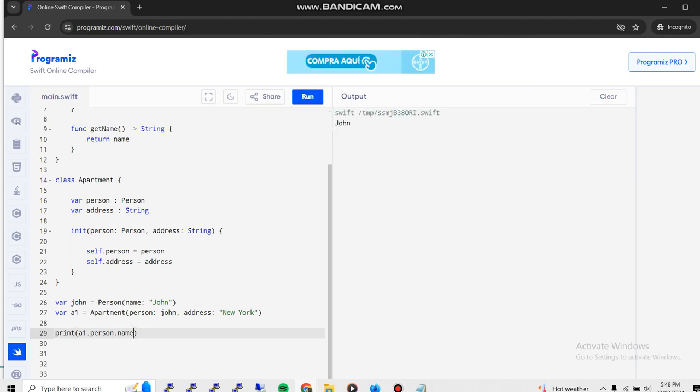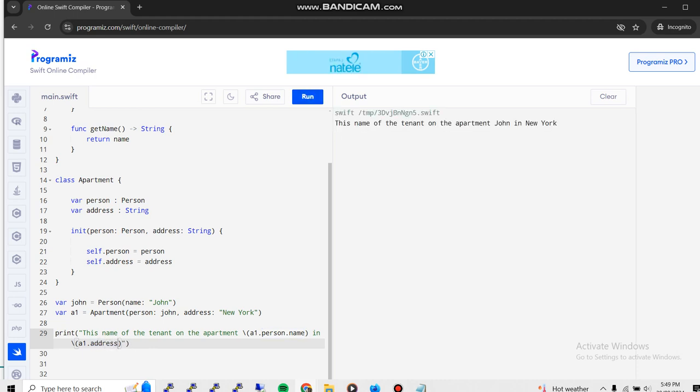So we have the name, so we can say this is the name of the tenants in the apartment, in the address name, and we say address, right? The address is in that specific name in New York, right?